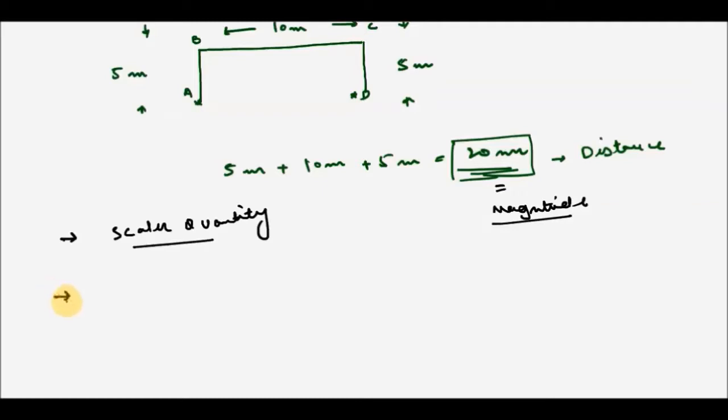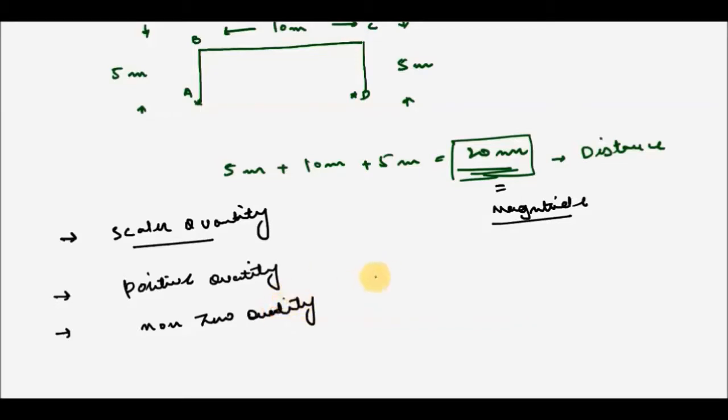And the second thing about distance is that distance is always a positive quantity. And the third thing is that distance is always a non-zero quantity.